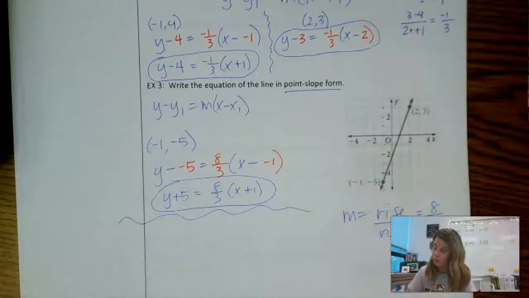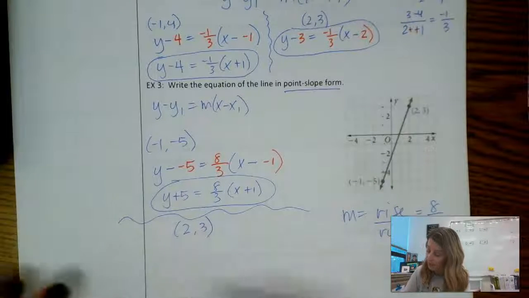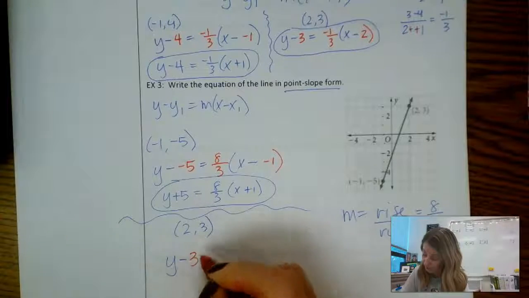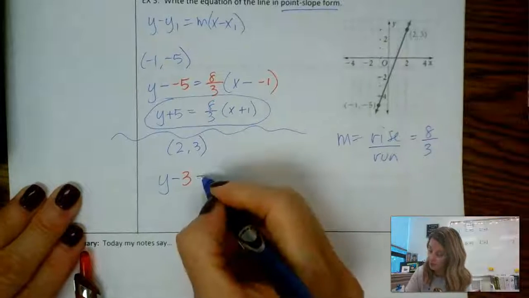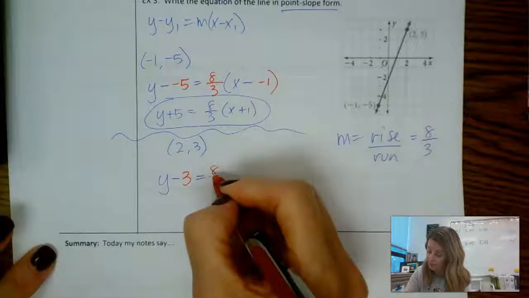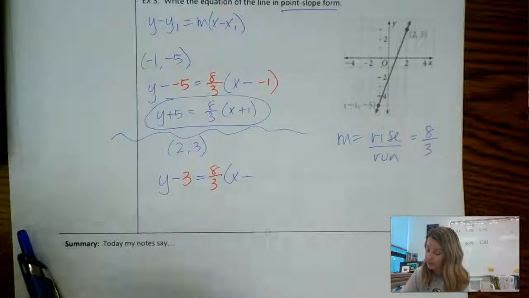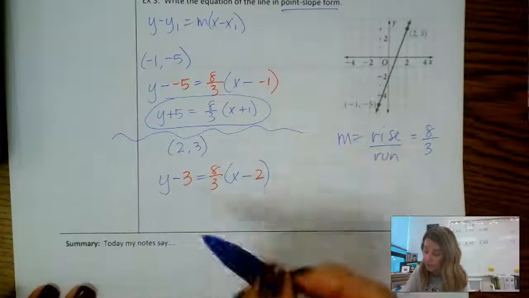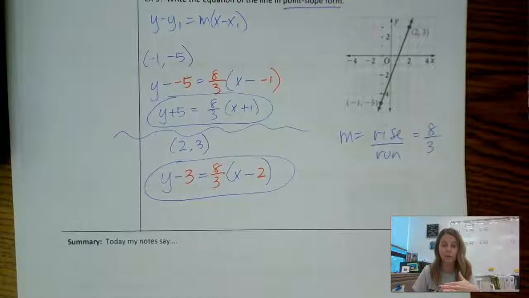If you chose (2, 3), I would have y minus 3 equals your m, which is still 8/3, times x minus 2. I don't have any double negatives, so that would be my answer too. Of course you don't need both, one would be fine.